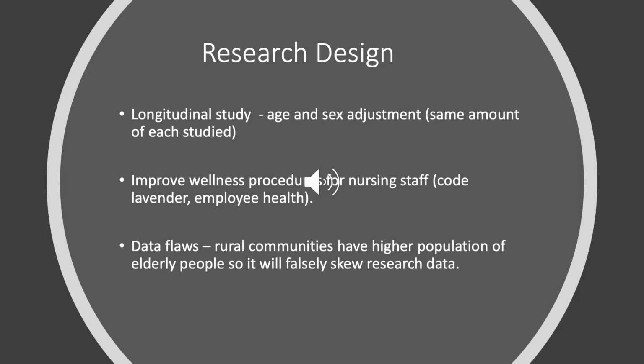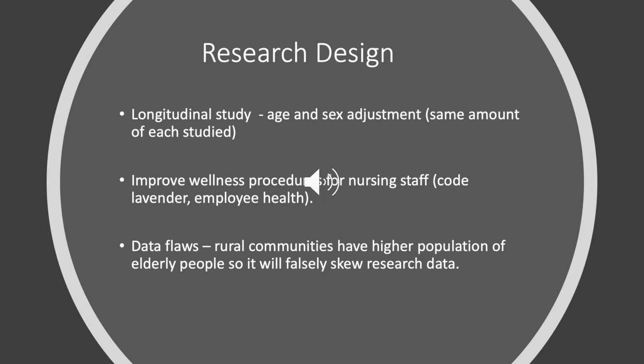So you need to have a cap on, I'm going to have this many females, this many males, and so many from this age range to that age range. While doing the research project, we want to look for ways to improve wellness procedures for nursing staff, so code lavenders, and just general employee health for when things do get hard.